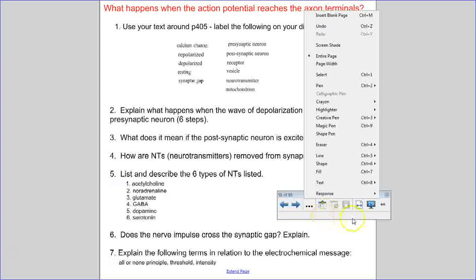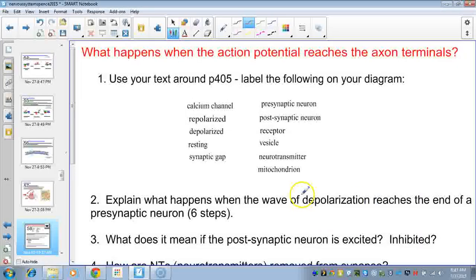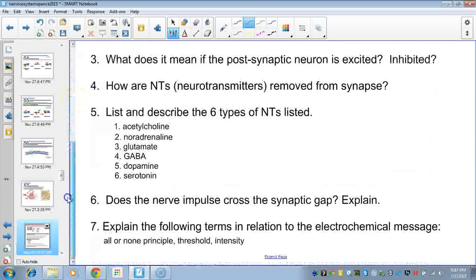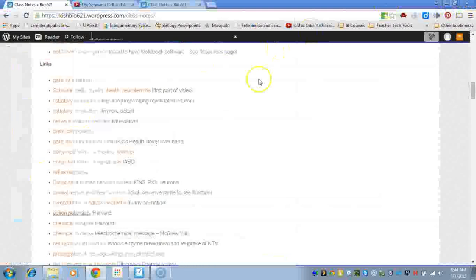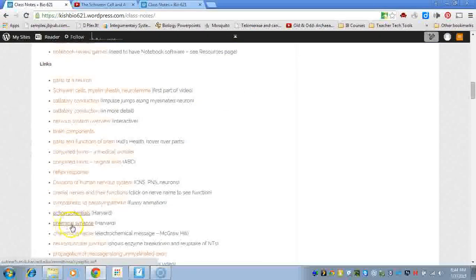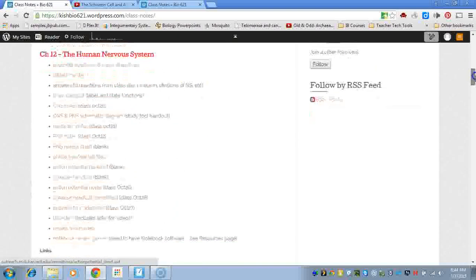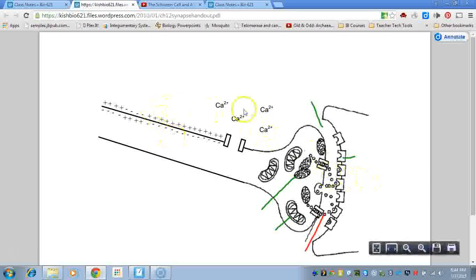And then it asks about some of the different neurotransmitters. So if you have some time, you can pick away at those, or if you are going to be going away, you can pick away at those, and they will also be covered in the next video lesson. Okay, but to do them, you would need the chemical synapse handout. So that one is the synapse handout. It's just a blank one that you get to label and then describe what happens.